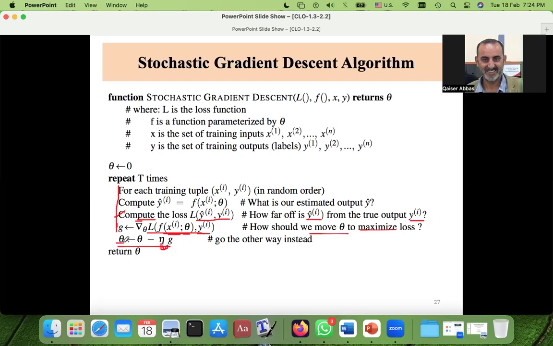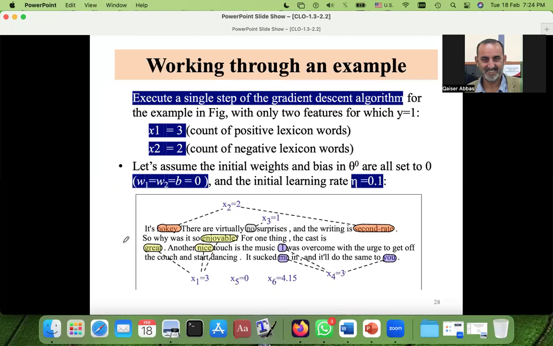Now we will take an example and execute this algorithm over it. We cannot run all the steps because it is logistic regression, but we will run one or two steps to get the understanding. Here we are taking the same text which we saw in the previous example, the text of some reviews about a movie.